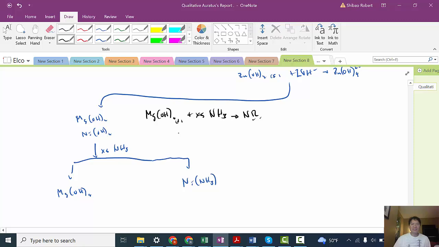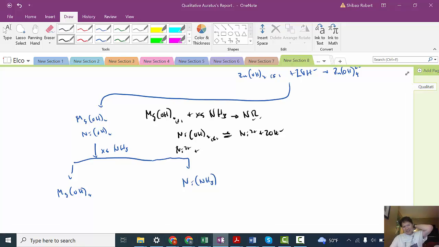However, with the nickel, we do. And so the nickel 2 hydroxide, we're going to do the KSP equation. Magnesium also has a KSP equation here. But when we do the KSP, this is going to form nickel 2 ion plus 2 hydroxide. Now, with the nickel 2 ion, we can just add excess ammonia.